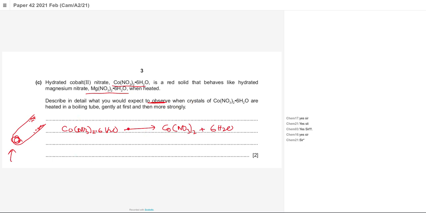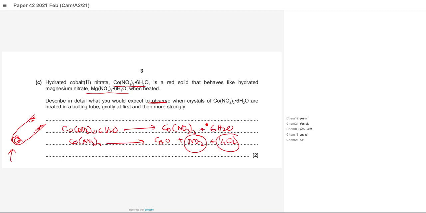And then about strong heating, what happens? Like the group 2 nitrates, you get the oxide and the nitrogen dioxide plus oxygen. So upon strong heating, the observation would be a brown gas evolved. You can see a brown gas. And then you can also mention a gas which relights a glowing splint.